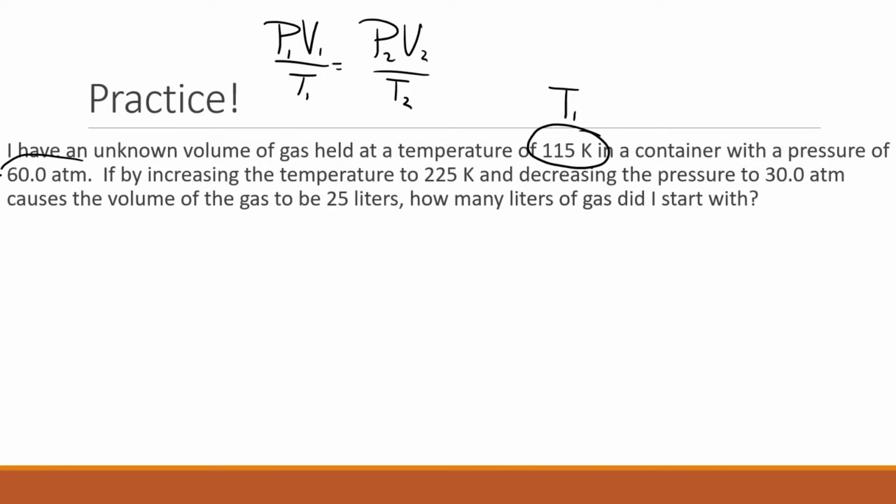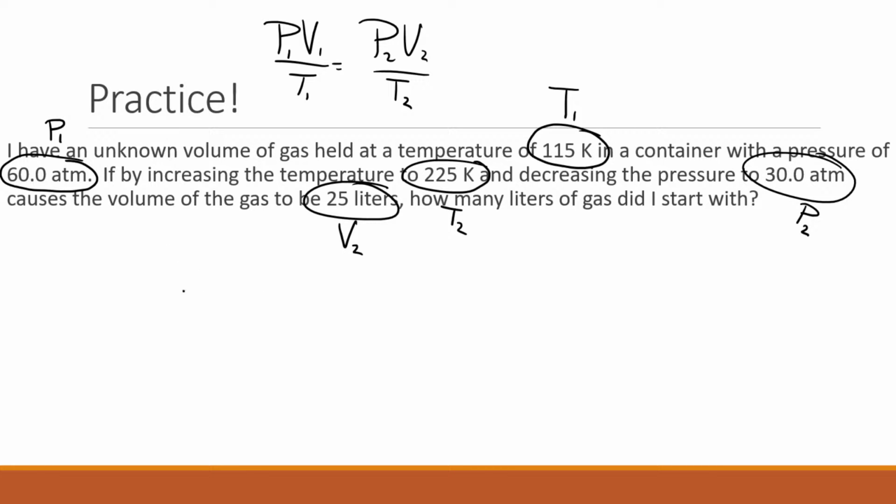We have a pressure value before a change. And then we increase the temperature, so we have a second temperature value. We decrease the pressure, so we have a second pressure value. We change the volume, which means we have a second volume. And they're asking how many liters of gas did you start with? All right, we've identified 5 of our 6 variables.